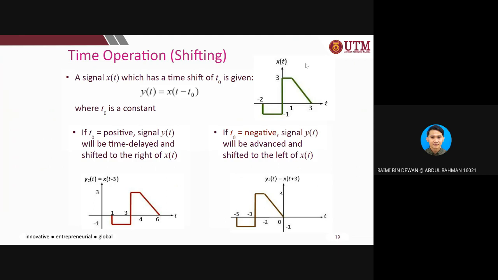If it is shifted to the right, it means there will be a time delay, so instead of 4 p.m., event A will happen at 6 p.m. This is just an analogy so you understand what actually happens in the time shifting operation.